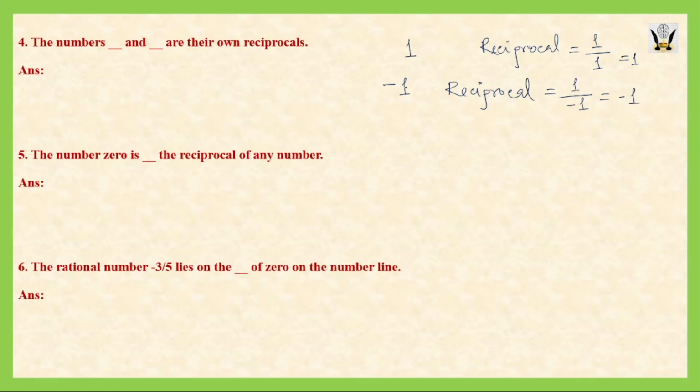So these are the two rational numbers whose reciprocals are the same numbers. So the first answer will be 1, and the second rational number will be minus 1.